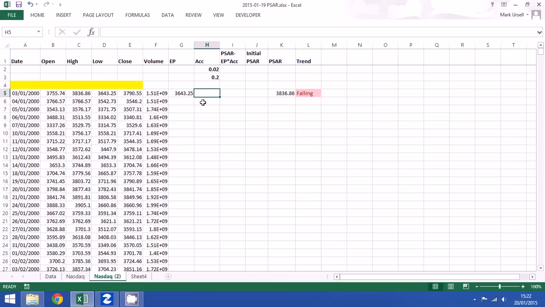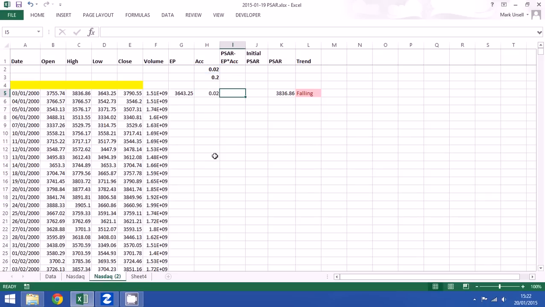We're going to start off at 0.02. If the trend is continued, in other words, if we make a new extreme point, the acceleration factor is increased by the increment. So we start off at 0.02, we go to 0.04 and so on until our maximum, which is 0.2. So anyway, we can start off with our simple one at the beginning, 0.02.